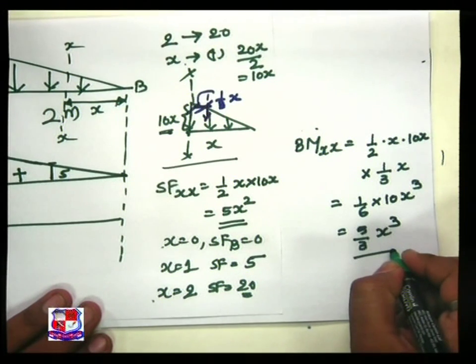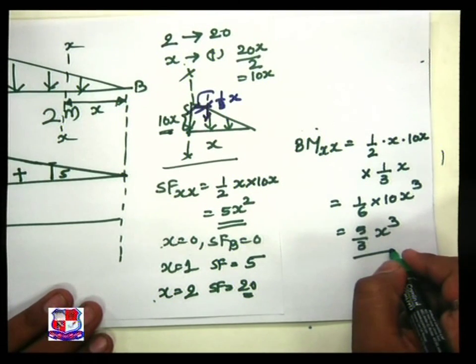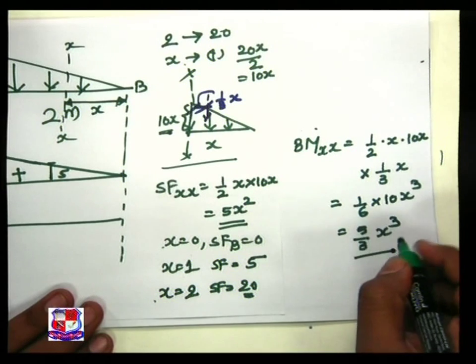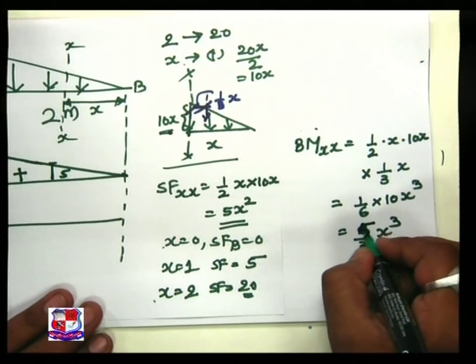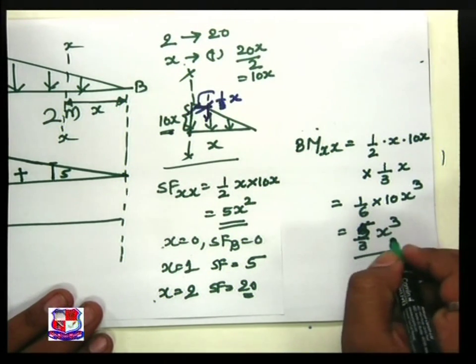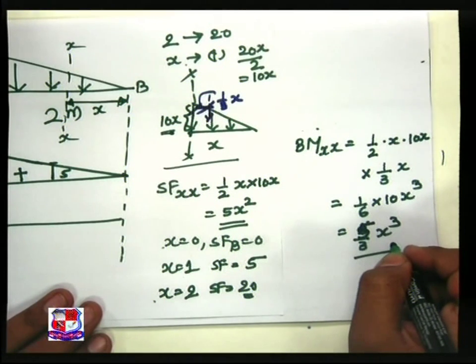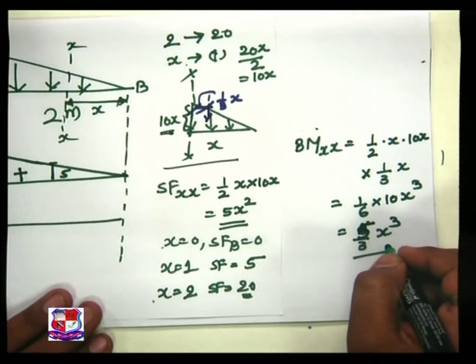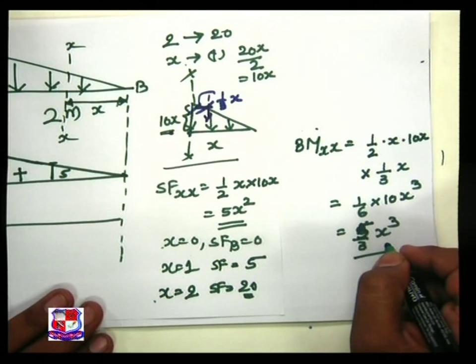This is the equation of bending moment, or this is the value of bending moment. So clearly it is 5/3 x cube. Now this is the magnitude of bending moment at section xx.